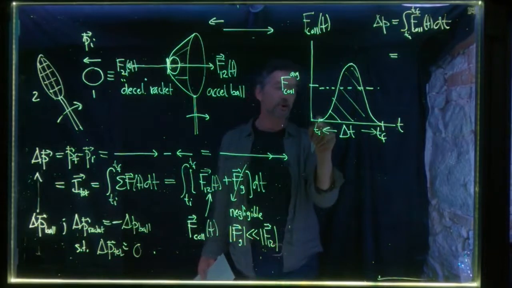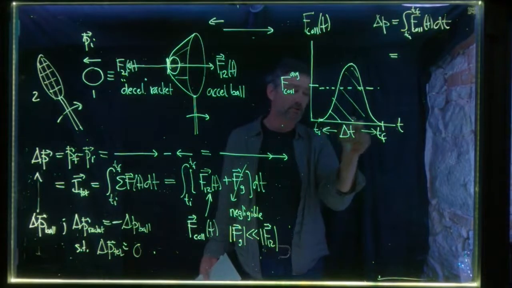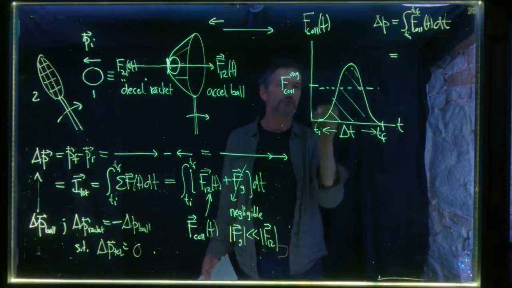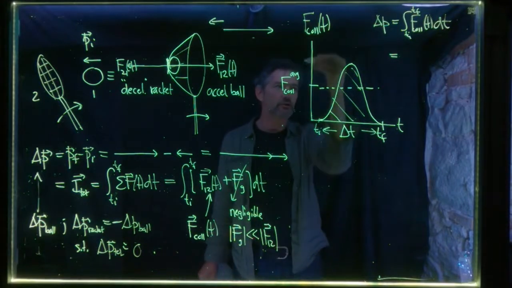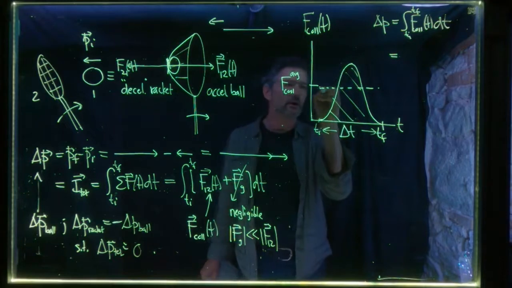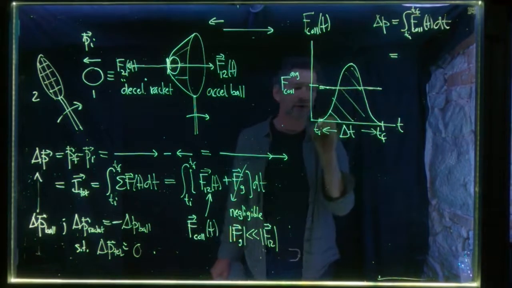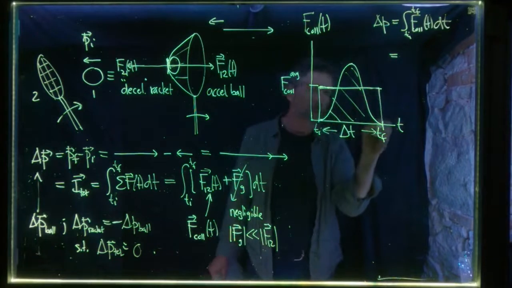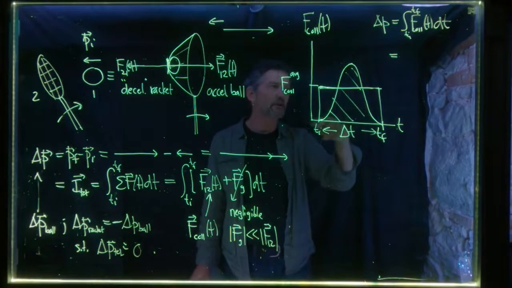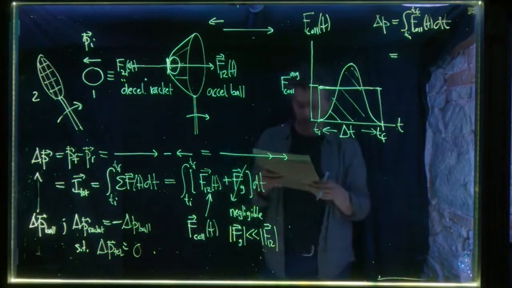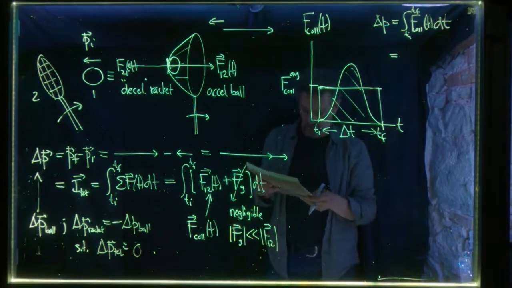F collision is small initially, and then large in the middle here, and then small. Well, there's an average. And the average collision force, you choose its value so that if that force were constant for the time interval from t initial to t final, it would impart the same momentum, have the same area under this rectangle as the area under that more complicated function of time.